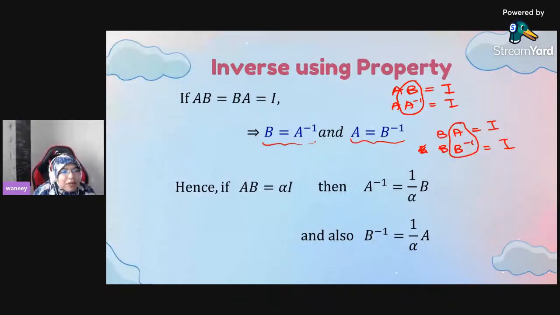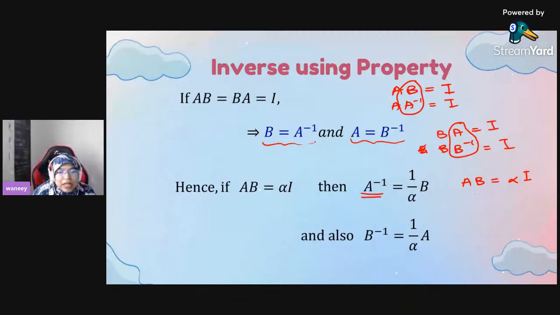Okay, however, if AB is equal to alpha I, then A inverse is 1 over alpha multiplied with B, and B inverse is 1 over alpha multiplied with A. Let's say we want to find A inverse.